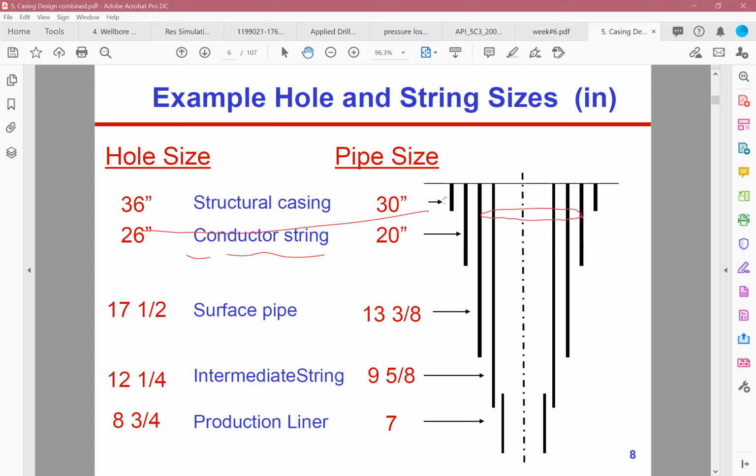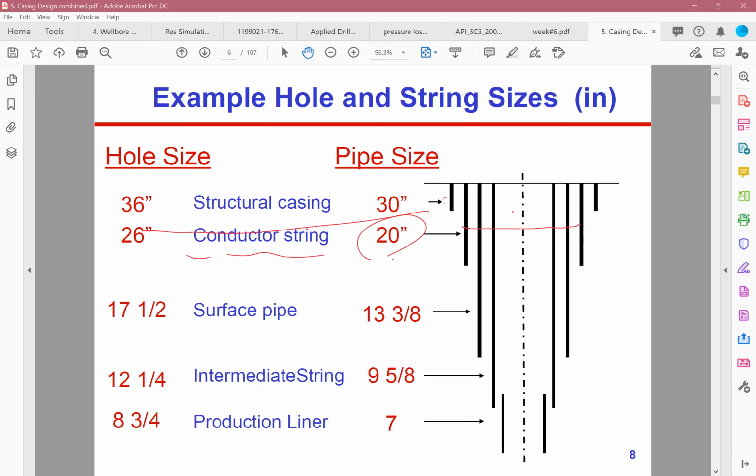If you have a 20-inch conductor casing, what do you think should be your drill bit size? Higher or lower than 20? Higher. Higher, right? Because, let me delete this one, this is the conductor, right?